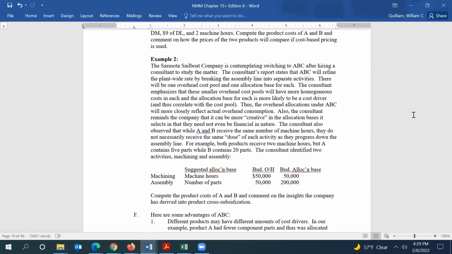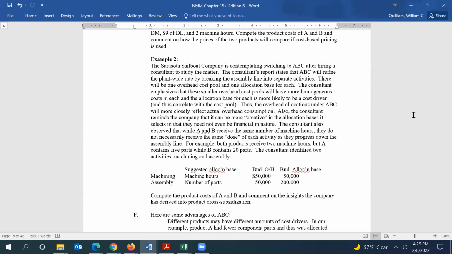The consultant emphasizes that these smaller overhead cost pools will have more homogeneous costs in each, they behave more alike, and the allocation base for each is more likely to be a cost driver and thus correlate with the cost pool. That's a good thing too, because as that cost driver goes up, the amount of overhead in the activity tends to go up too. Thus, the overhead allocations under ABC will more likely reflect actual overhead consumption.